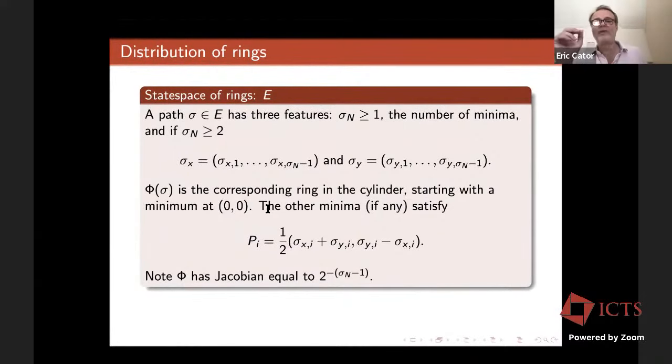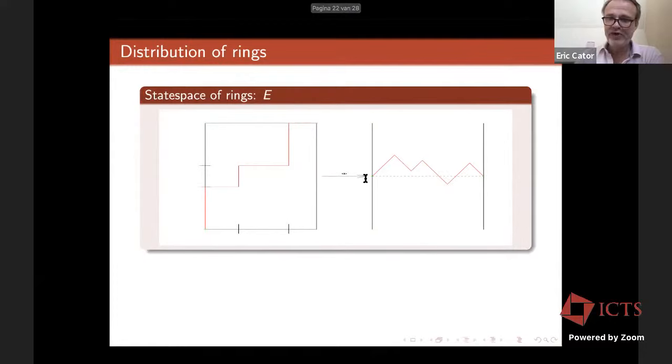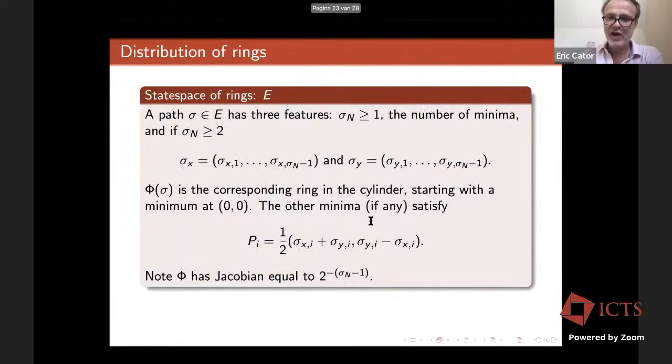And then I map this sigma in E to the cylinder. And the minima, so these points here, this is a minimum, this one and this one, so this one has 3 minima. These points can be found using the x and y coordinates of the sigma in the following way.